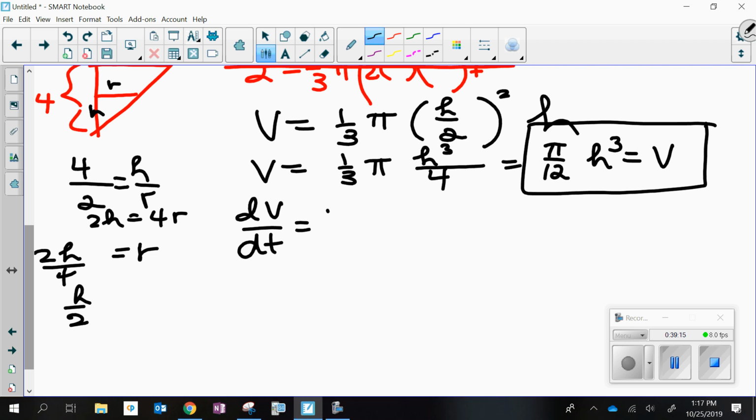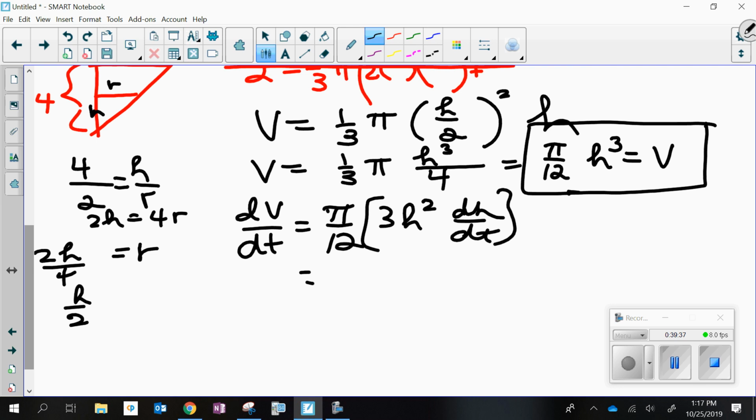You're differentiating this right here. So dV/dt would be equal to pi over 12 times 3h squared dh/dt. And then you might want to make that pi over 4 before you plug in. It's up to you.